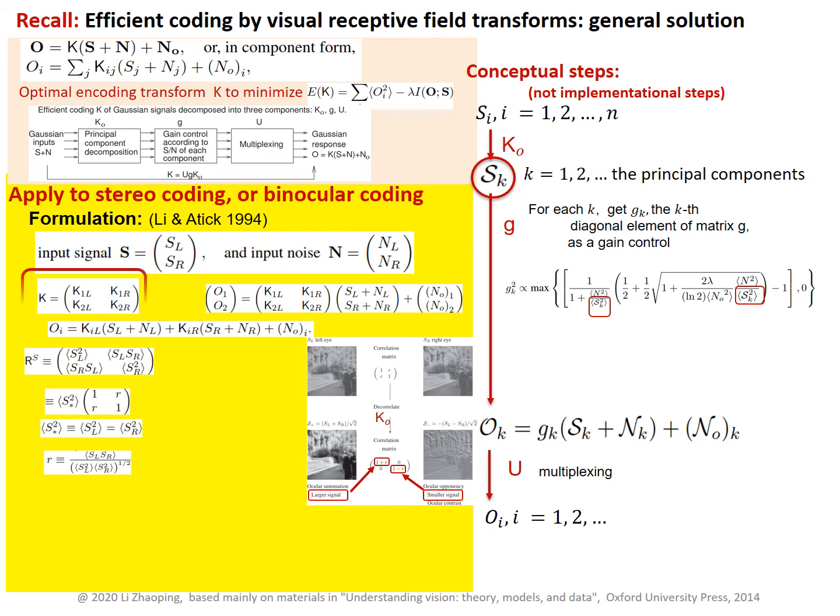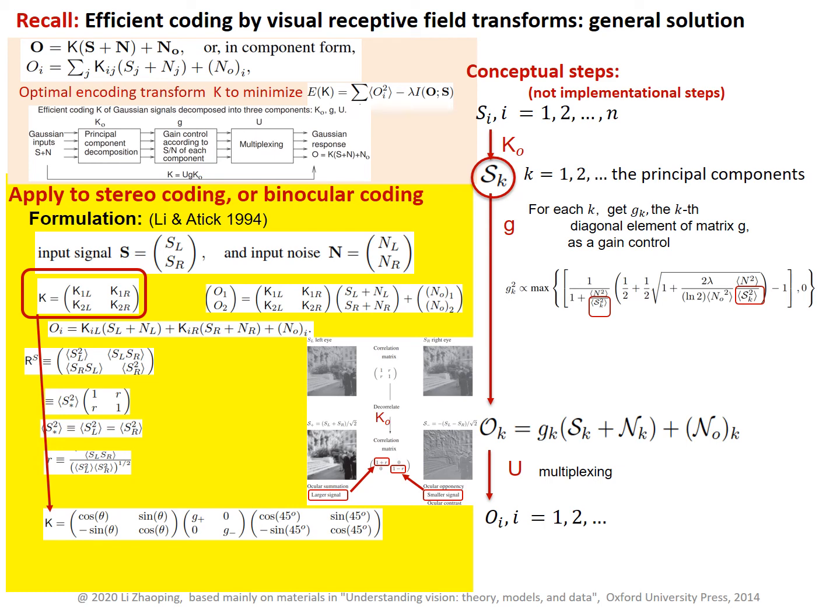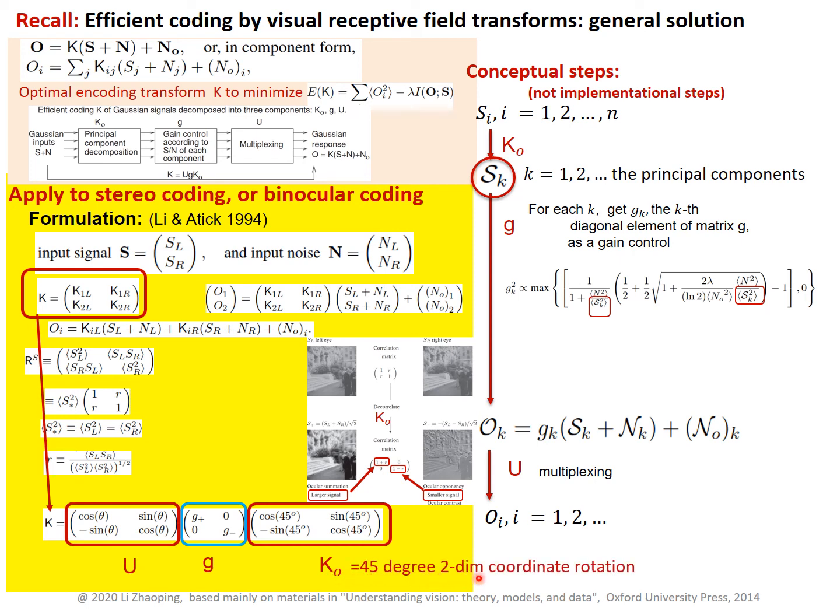Then we end up having this encoding transform K composed of decorrelation K0, gain control G, and multiplexing U. K0 is a 45-degree rotation in the two-dimensional signal space.